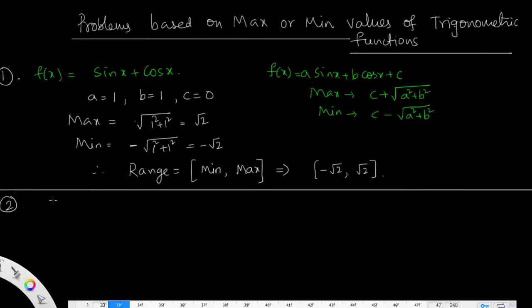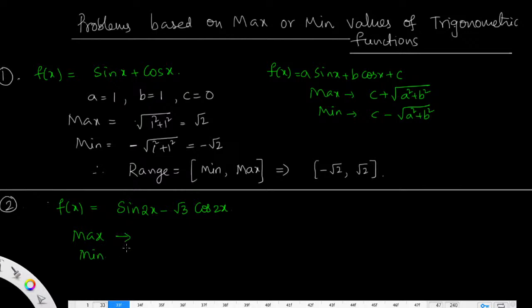The question is like this: f of x equal to sin 2x minus root 3 into cos 2x. Sin 2x minus root 3 into cos 2x. Find out the maximum and minimum value they are asking.